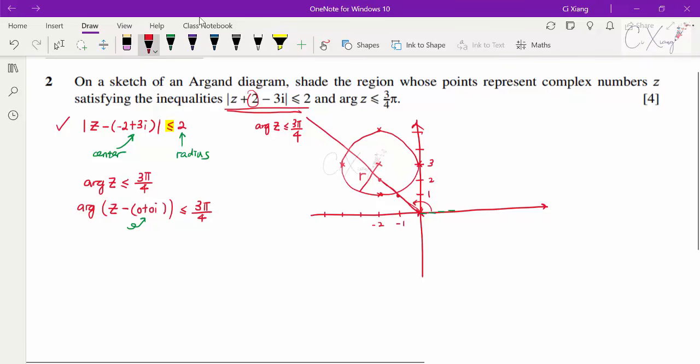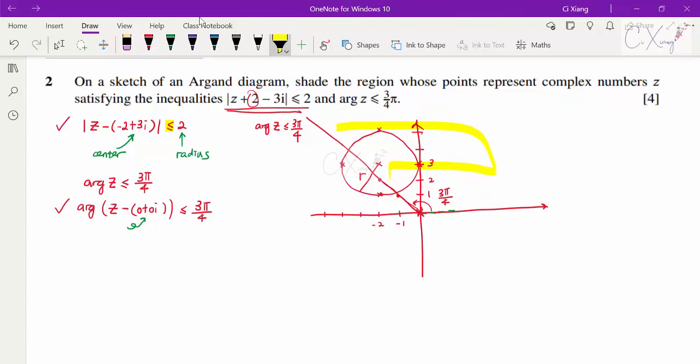At the same time, for this part, they want us to sketch the area which is smaller or equal to 3 pi over 4. So for this angle, it is 3 pi over 4. If they are asking for the angle smaller than 3 pi over 4, it will be the whole region from here until here.